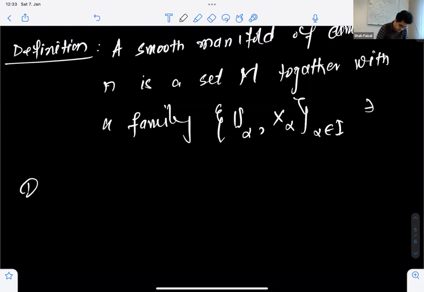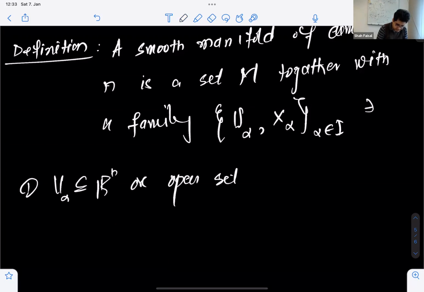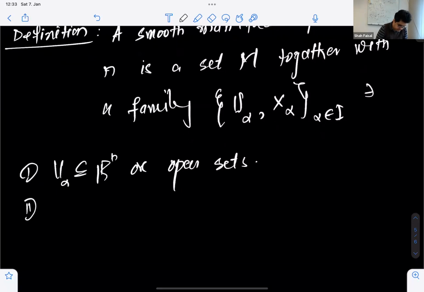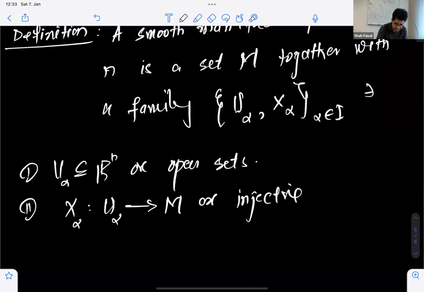First one, these U alphas are open sets in Rn, open sets for all alpha. Second thing is these x alphas are maps from these open sets to M, and they are injective maps.